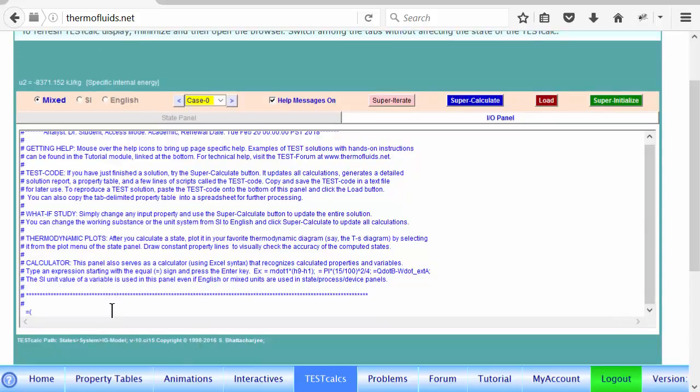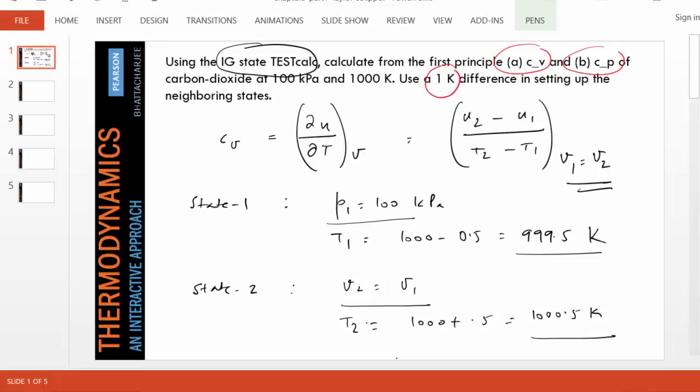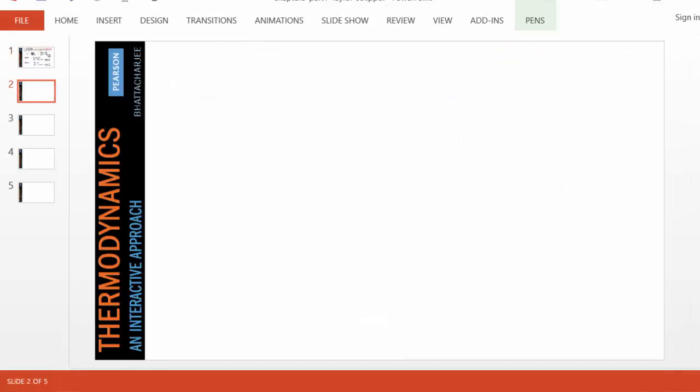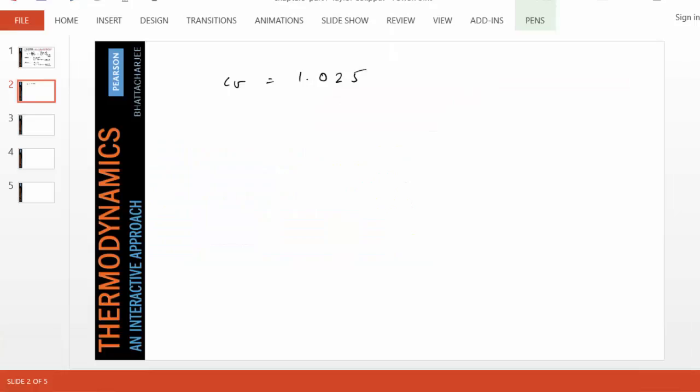How? It's simply U2 minus U1 divided by T2 minus T1. So what we calculate is 1.045. So we found CV to be, I believe it was 1.045.